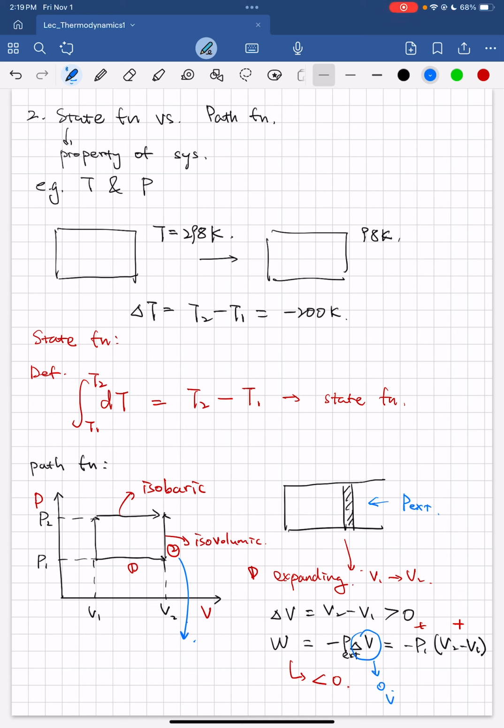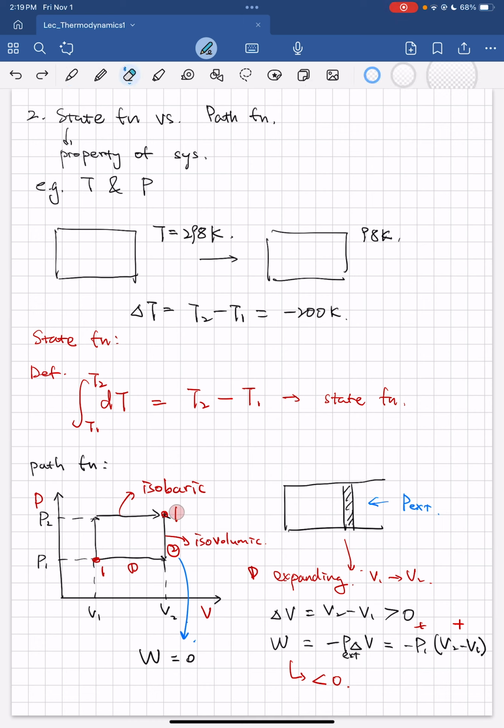It's the same, V2 and V2. So here, work is 0.